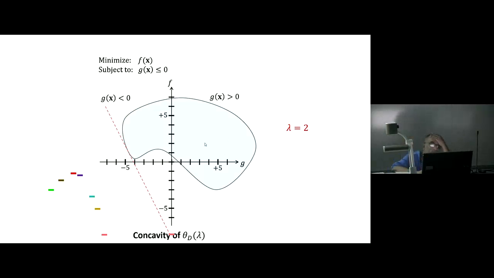Okay, so you see that this is a concave function, an inverted cup shape. And that illustrates graphically that theta d of lambda, the dual function, is, at least with respect to the lambdas, concave.